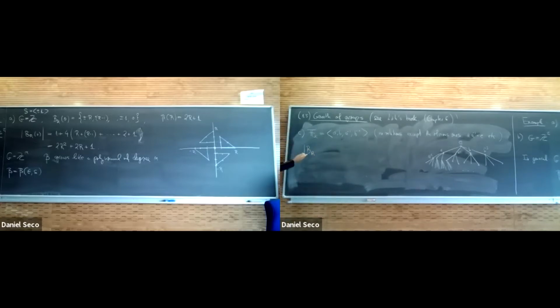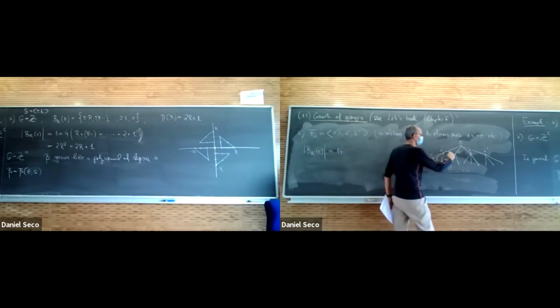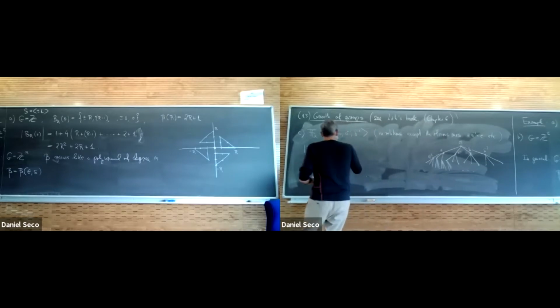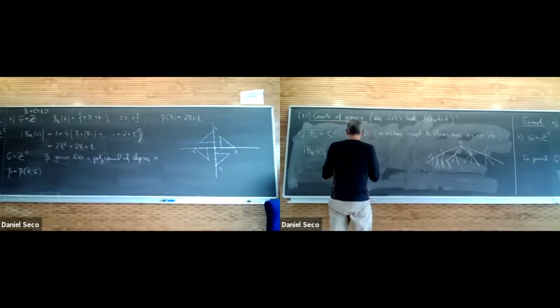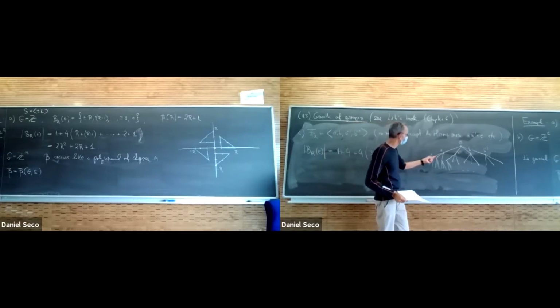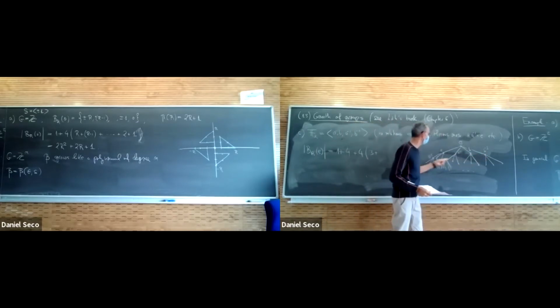Remember again, R is a natural number. So this is 1 plus 4. Yeah. And now you start getting powers of 3. Yeah? 4 times 3. Yeah. Here you get 4 times 3 legs.